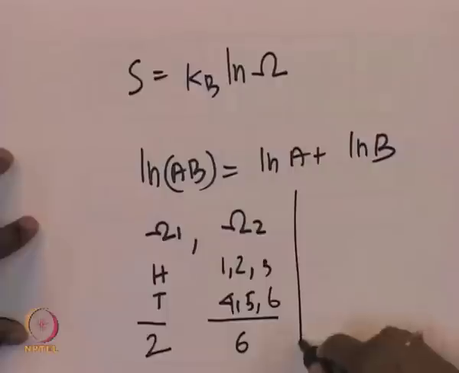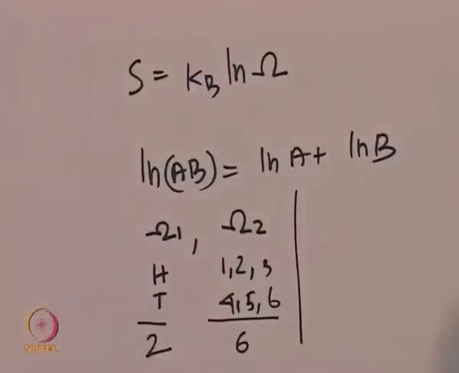Now imagine that you have a die in one hand and a coin in the other hand, and you are throwing both of them at the same time. The coin will come up head or tail, and the die will show 1, 2, 3, 4, 5 or 6.